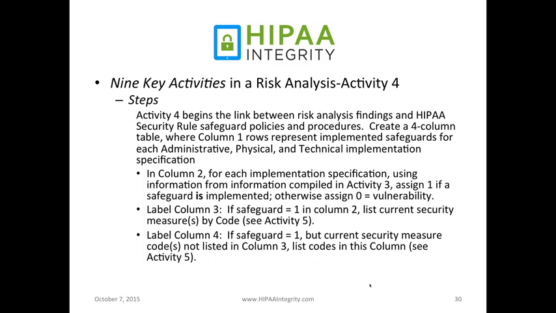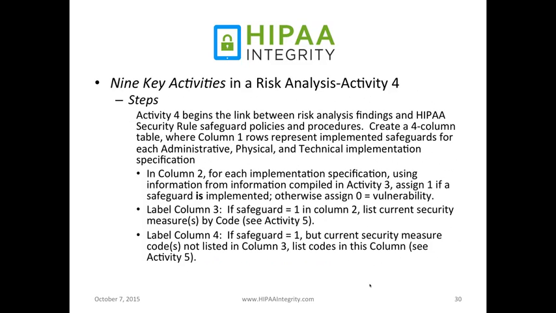In column 2, for each one of those implementation specifications, using information compiled previously in Activity 3, you'd assign 1 if a safeguard is implemented, otherwise assign 0, which would be a potential vulnerability.